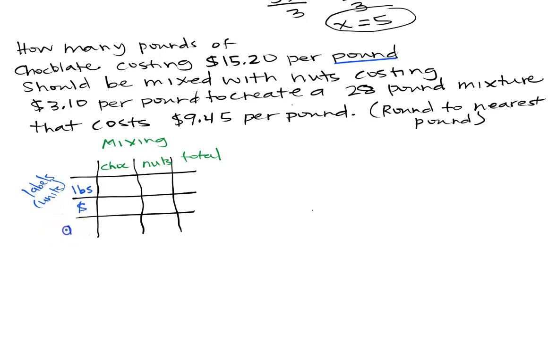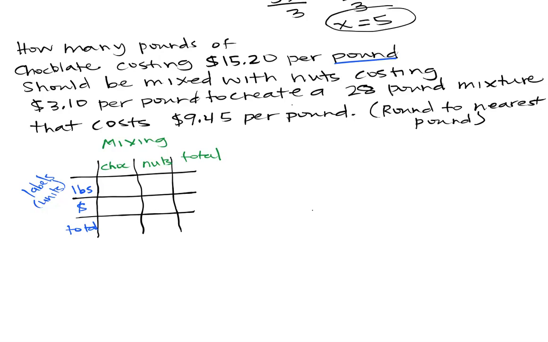And then also I'm dealing with the total. Okay, so now I'm just going to fill these in so I can see what I'm dealing with here. When I'm looking at the pounds, how many pounds of chocolate and nuts do I need? Well, that's what it's asking for here.